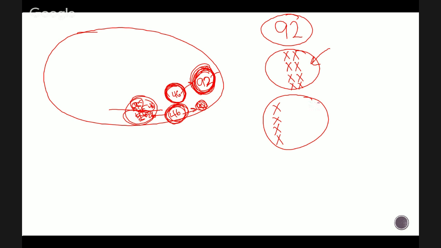Half the chromosomes go this way, half the chromosomes go this way. So how many chromosomes do we have in each of these now? From 92, we have 46. So this is the end of meiosis 1.